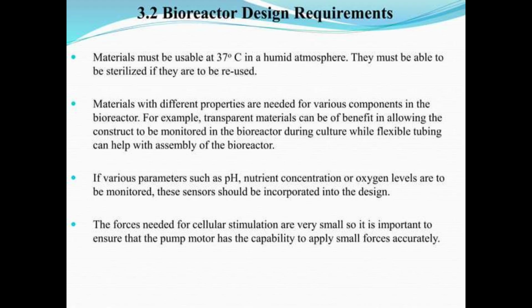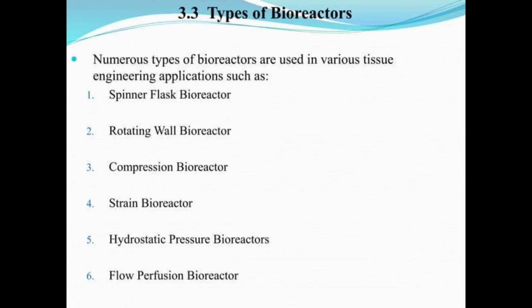It should provide proper environmental parameters such as pH, temperature, nutrient concentration, and oxygen level that can be monitored, and sensors should be incorporated into the design. It should also apply forces for cellular stimulation that are very small, and it is important to ensure the pump motor has the capacity to apply these smaller forces.